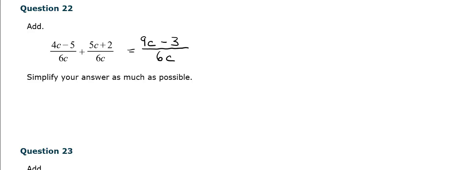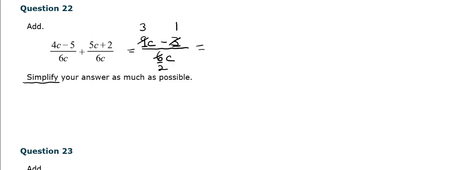So we simplify if possible. The only way we can simplify is if something divides into the 9, the 3, and the 6. And 3 divides into all three, so I divide it out. So 9 divided by 3 is 3. 3 divided by 3 is 1. And 6 divided by 3 is 2.